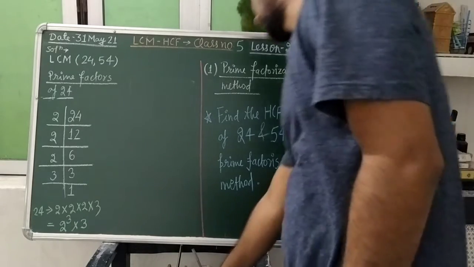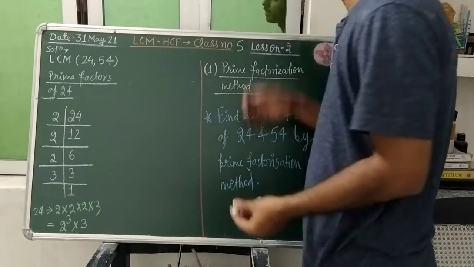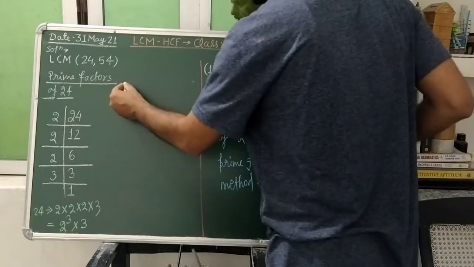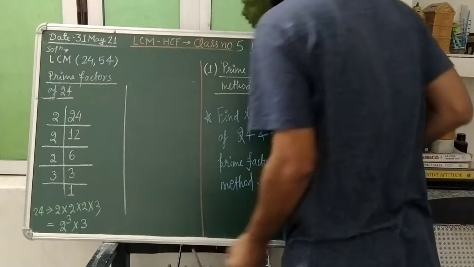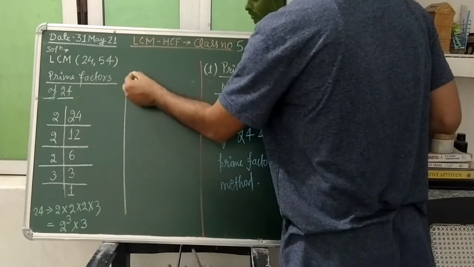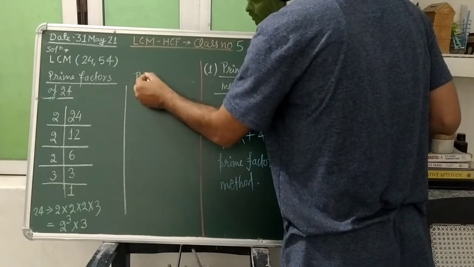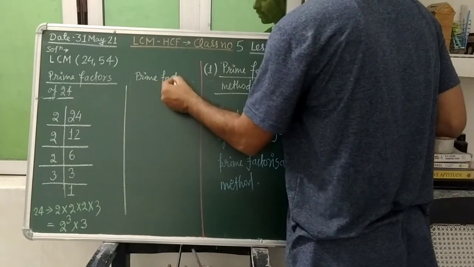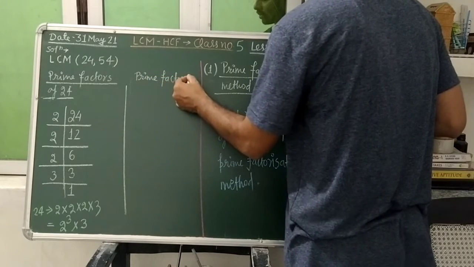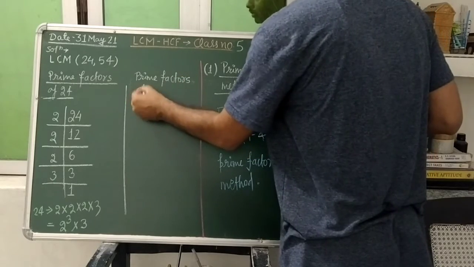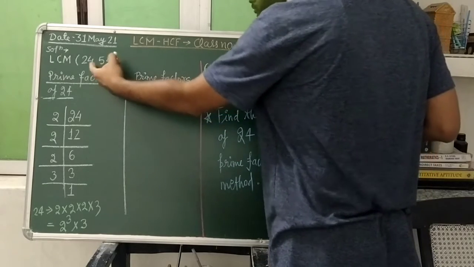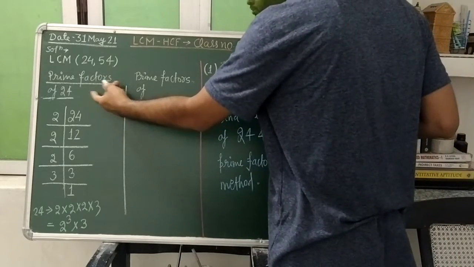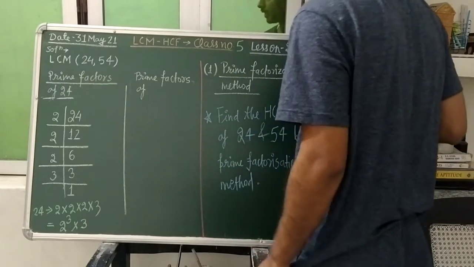So students, we have calculated the prime factors of 24, and if we are talking about the prime factors of the two numbers present here, 24 and 54, the prime factors of 24 we have calculated.